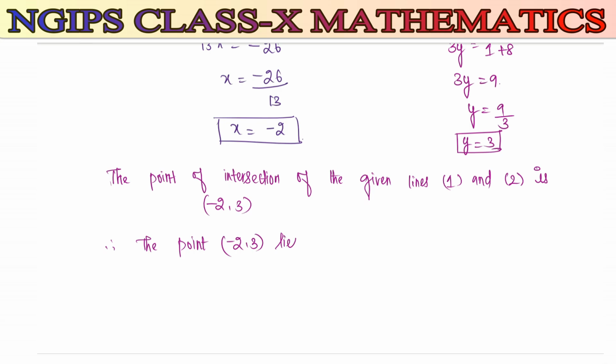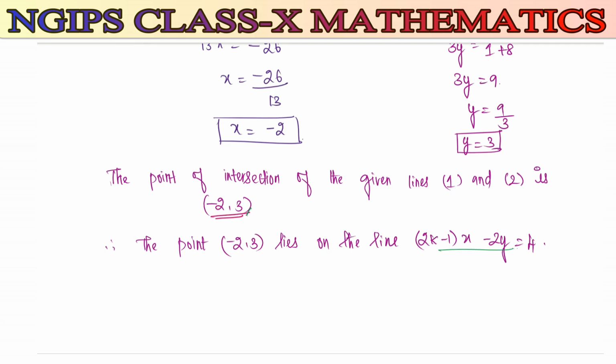lies on the line (2k minus 1) into x minus 2y is equal to 4. We know very well because it is concurrent. When it is concurrent, the same point is lying on all the lines.